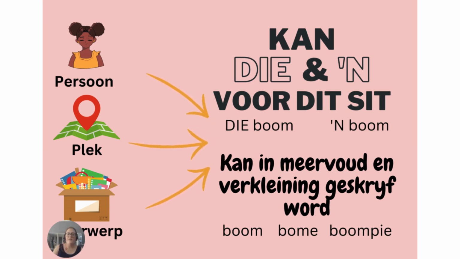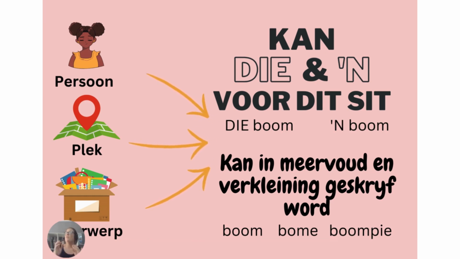You can put it in meervoud. Meervoud is plurals, meer as een. So boom, bome, seuns, seuns, pen, penne. So you can make it more than one. And then also you can put it in verkleining. Jy kan dit in verkleining skryf. So in Afrikaans we have this way of making things very small.